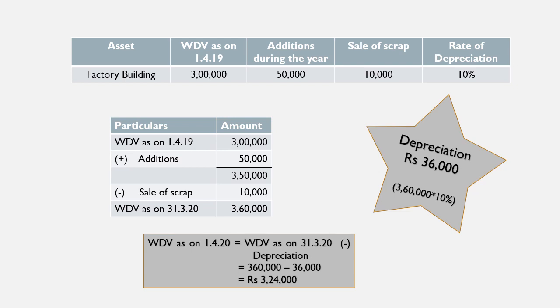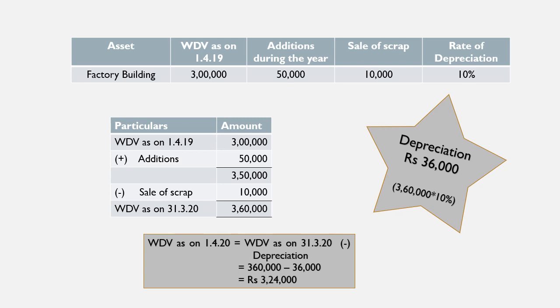Written down value as on 1/4/2019, to which we add the new additions, that is the new factory buildings which are purchased during the year. From that we reduce the sale of scrap and we get the written down value as on 31/3/20.